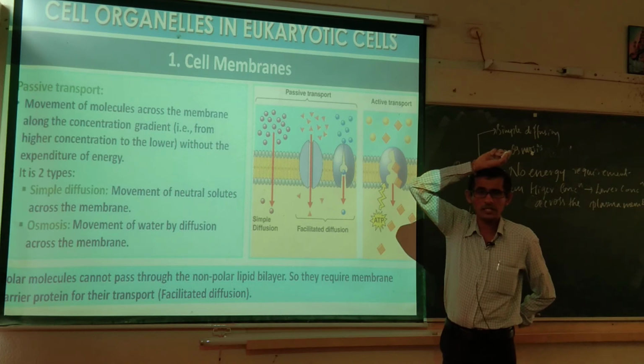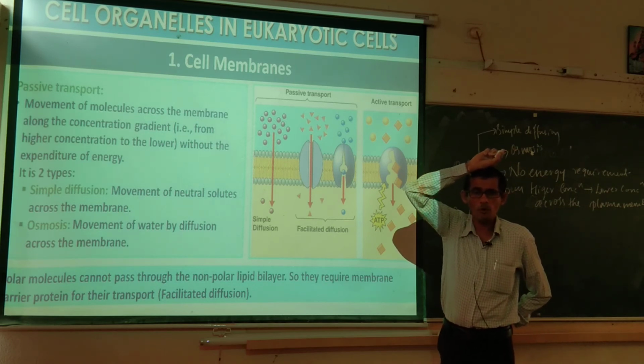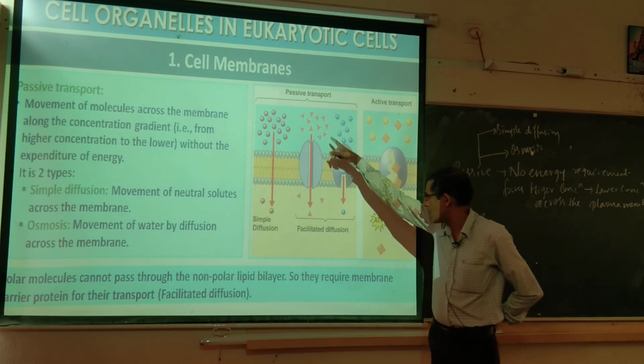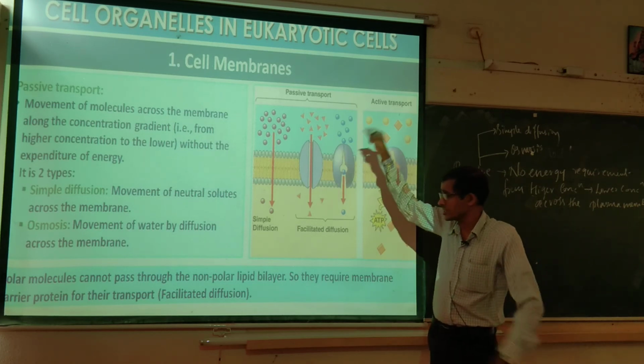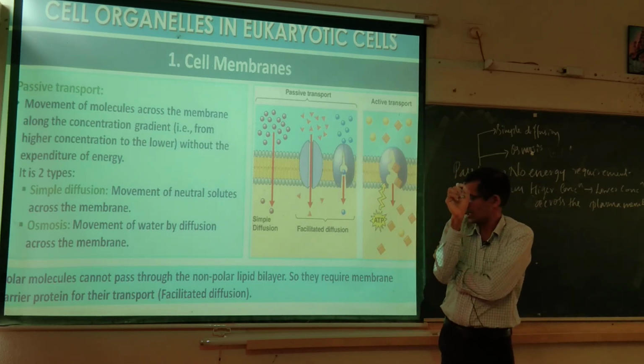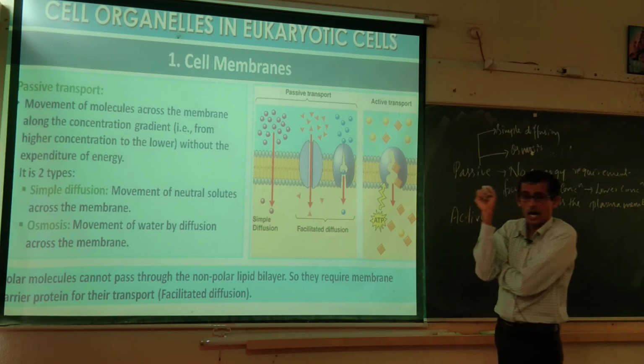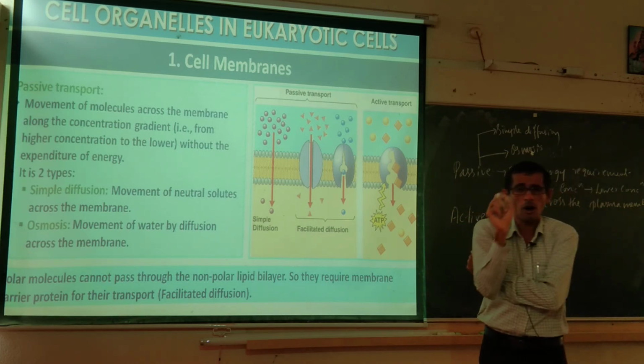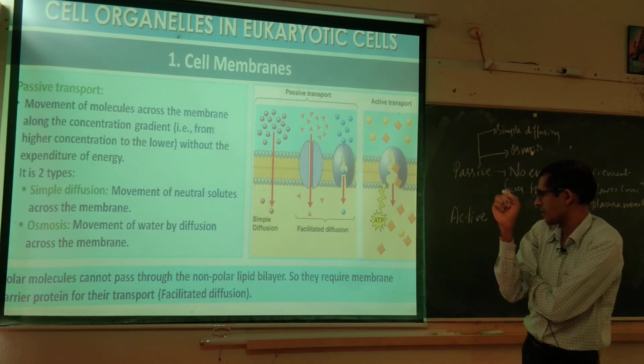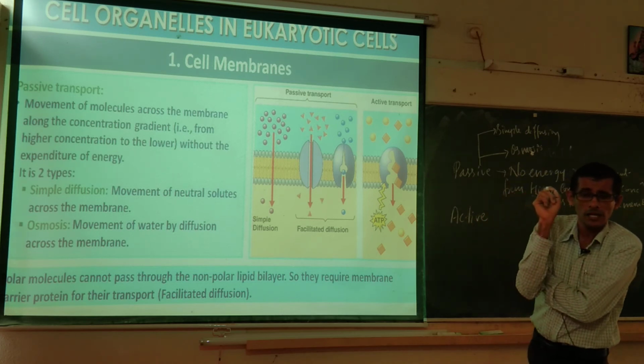Intrinsic protein channels are present for the movement of charged particles across the membrane, because the polar charged particles are unable to pass through the non-polar head surface of the lipid bilayer.